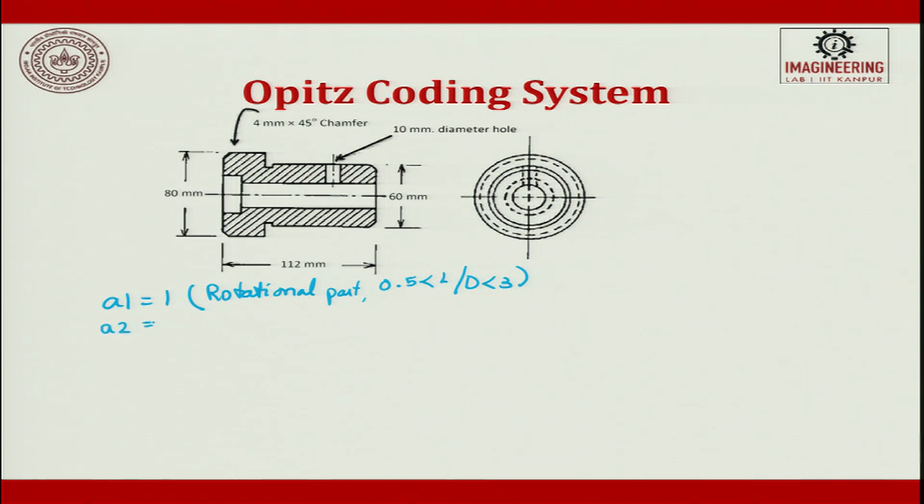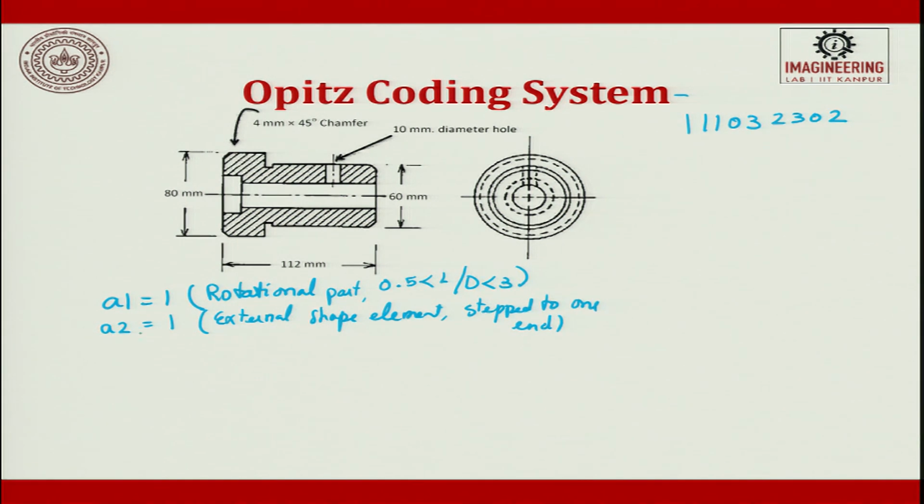The code is 111032302. A2 is 1, which talks about the external shape element, stepped to one end. Then the third digit is again 1.